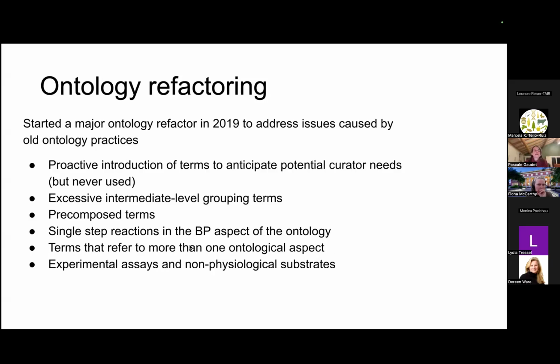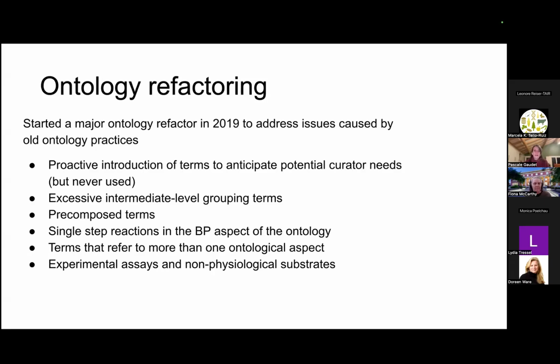For example, there were projects to proactively introduce terms in case people needed them in the future. These terms sometimes ended up being used, but not always, so we had a lot of unused terms. There was also the idea to have grouping terms at many different intermediate levels. Sometimes it got so entangled that it was difficult to maintain and difficult to find terms.